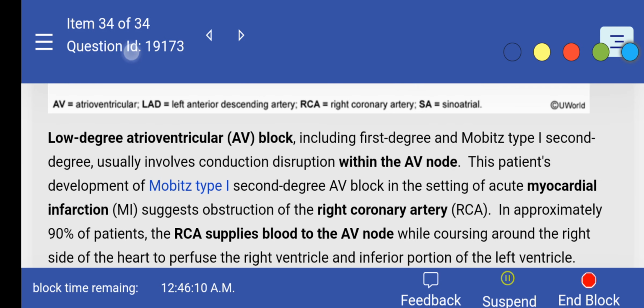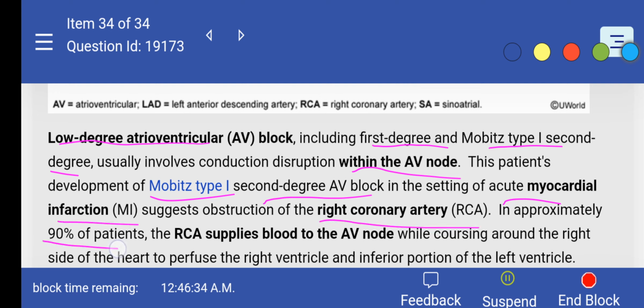Good. So low degree AV block, including first degree and Mobitz type 1 second degree, usually involves conduction disruption within the AV node. This patient's development of Mobitz type 1 second degree AV block in the setting of acute MI suggests obstruction of the right coronary artery.